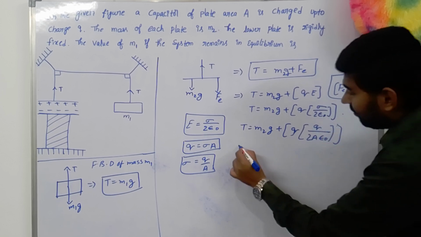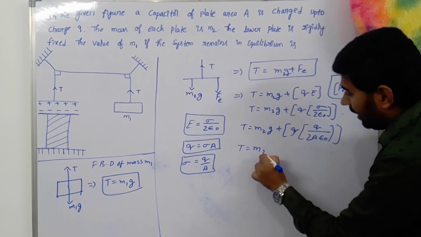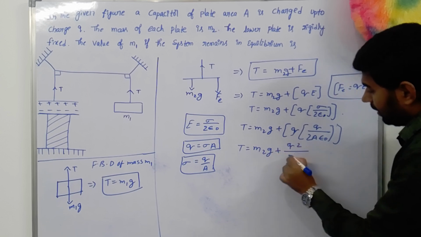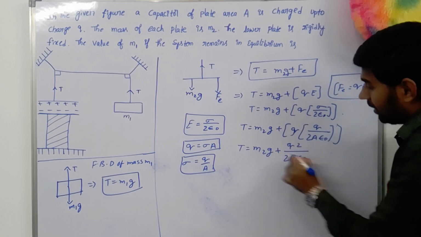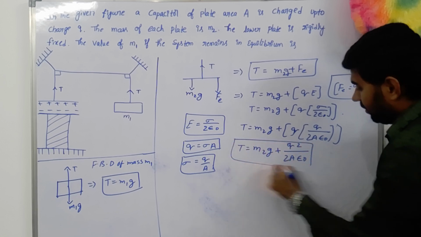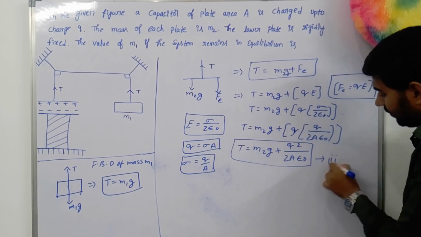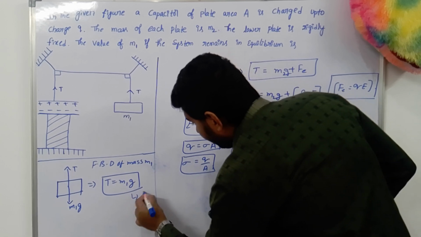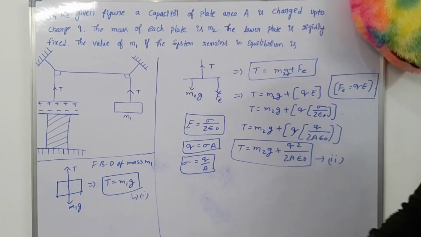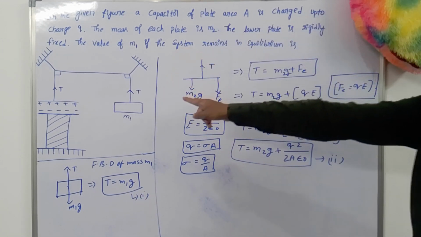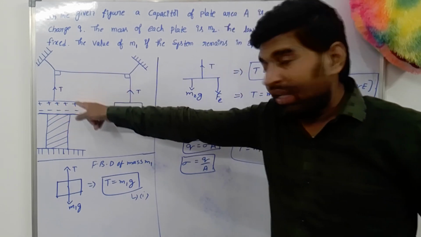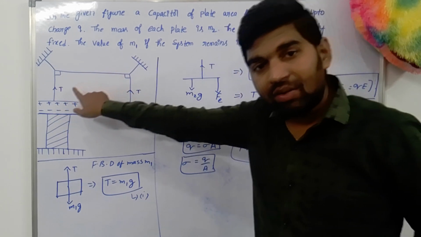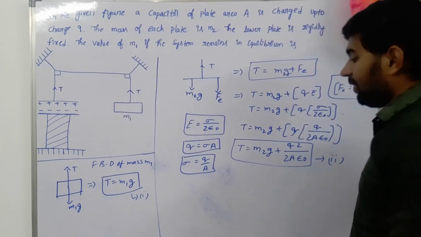Finally, I got T is equal to M2g plus Q square by 2A epsilon naught. Let's assume this is equation 2, and this is equation 1. Here we have one more tip. If you observe the whole string, the tension remains the same in the whole string. Nothing but these two tensional forces are equal.